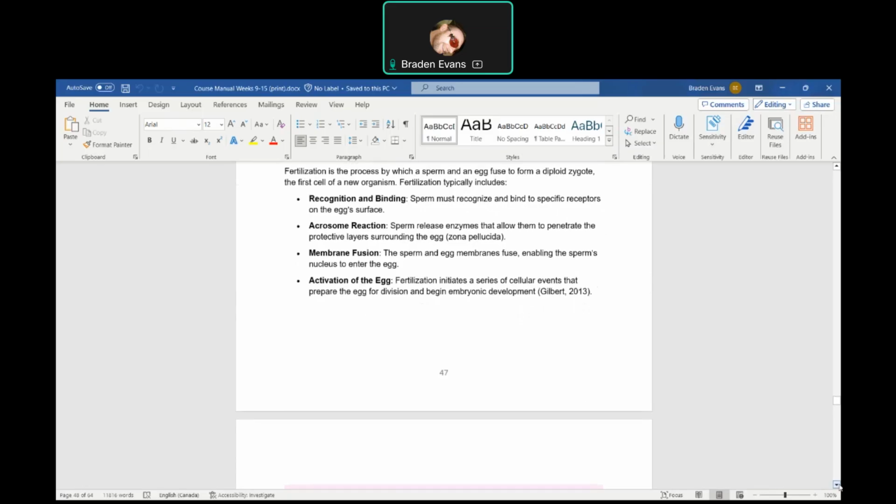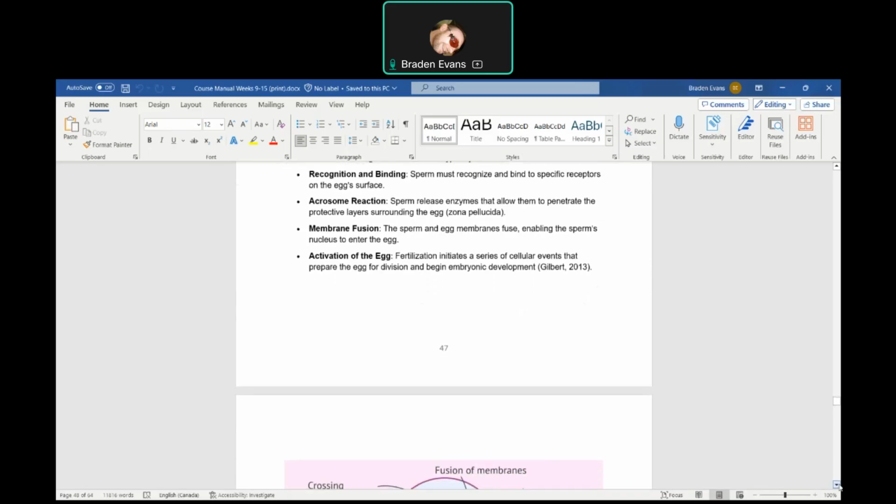Okay, so how does fertilization work? Well, you have the fusion of the egg and the sperm to form the diploid zygote, right? The zygote, that pre-embryonic combined cell. And it's the very first step in developing a new organism, right? So the process starts with recognition and binding.